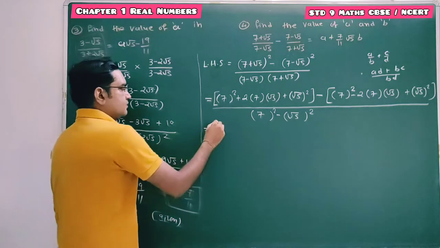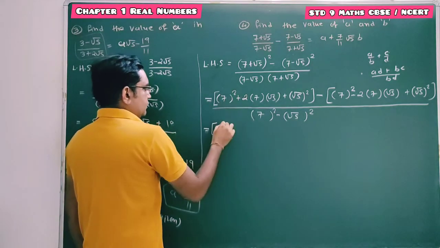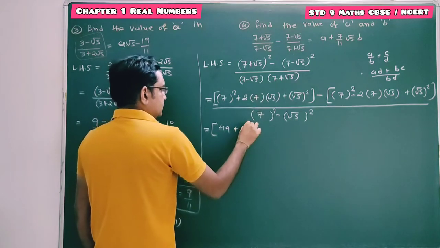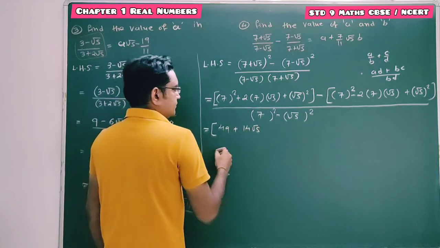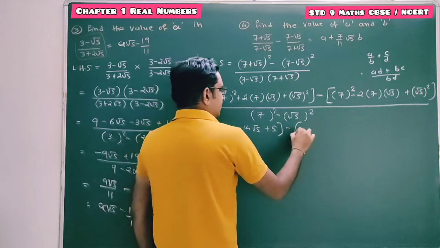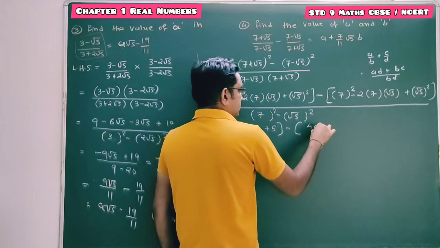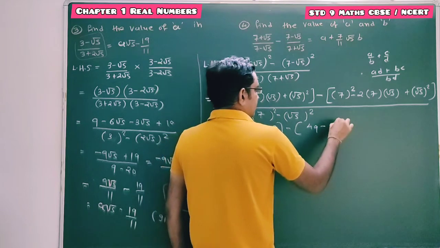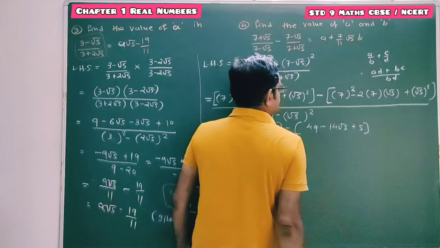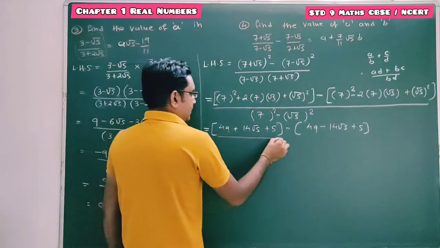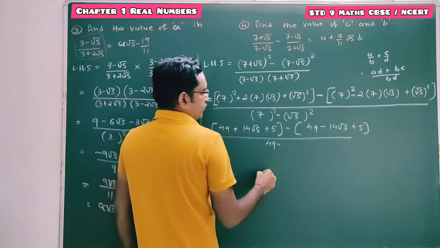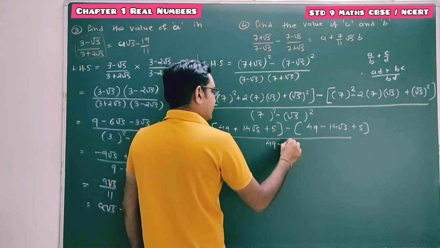Now simplify this. 7 square is 49, plus 7 2s are 14 root 5, plus root 5 square is 5, minus 7 square 49, minus 7 2s are 14 root 5, plus 5, divided by 7 square 49, minus root 5 square, which is 5.